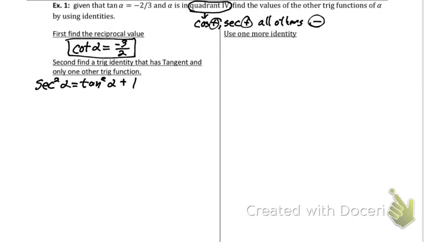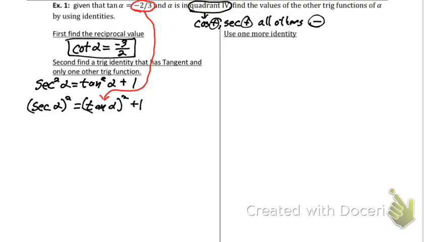You don't have to do this, but it can be helpful for some people. Remember that this is actually saying secant alpha squared equals tangent alpha squared plus 1. Now you can take your tangent value and plug it in for that tangent value there.